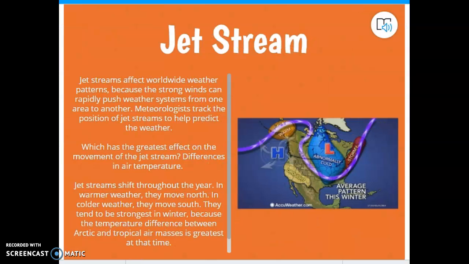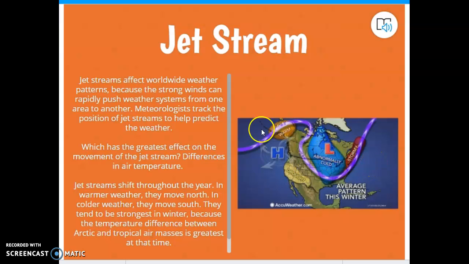Now, jet streams affect weather around the entire world. These winds can be very, very strong, and they can very quickly push weather systems from one area to another. Now, we've seen something similar to this before with our prevailing westerlies, which moved weather from the west coast to the east coast.